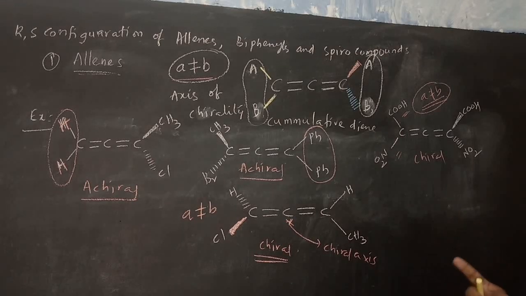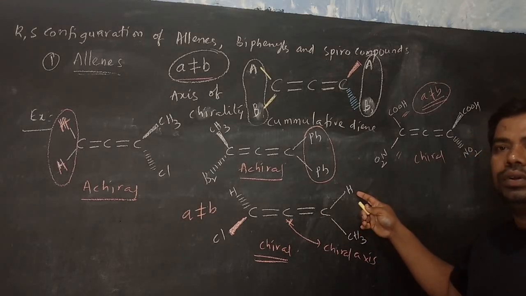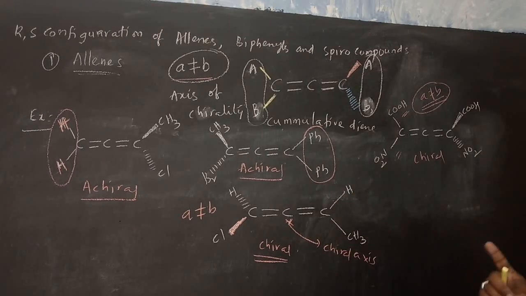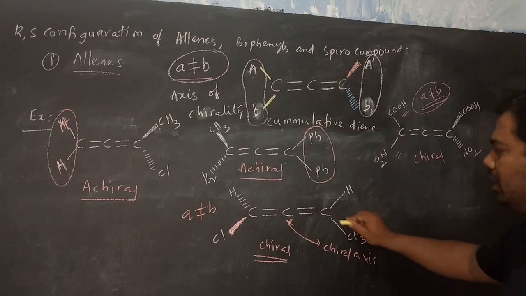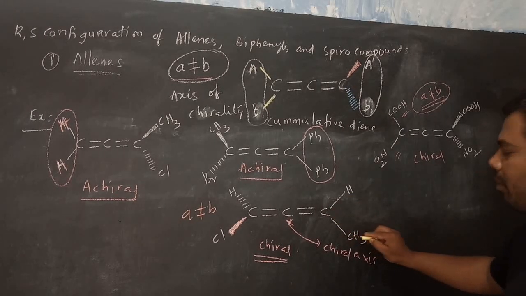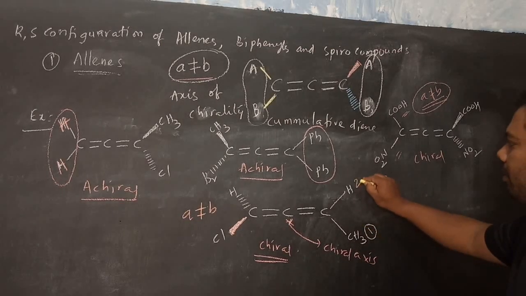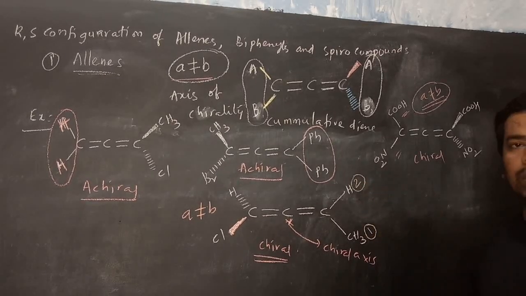That is very, very important. Give priorities 1 and 2 to the atoms present in the plane of the paper. Don't forget. So here, according to the atomic number, this carbon is attached with a carbon atom. Carbon atomic number is 6, hydrogen atomic number is 1. So here the priority is 1, 2.